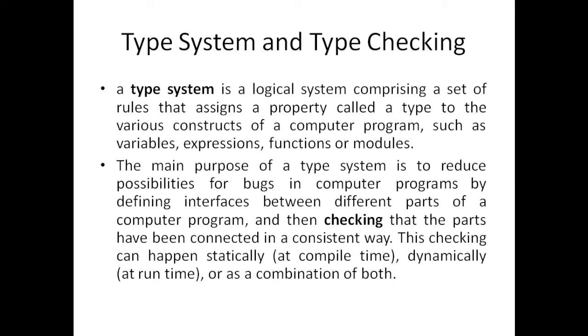Actually we have exception handling to handle the runtime errors. So if we take these two as a single unit, the type system provides rules and type checking checks whether the rules have been followed in the program or not.